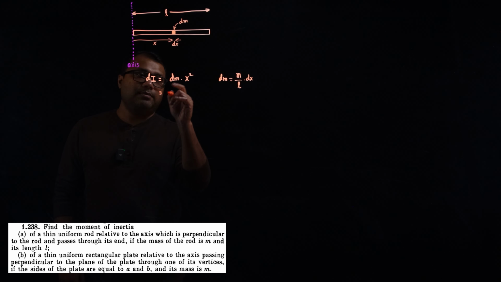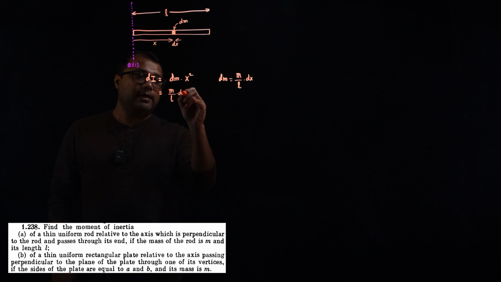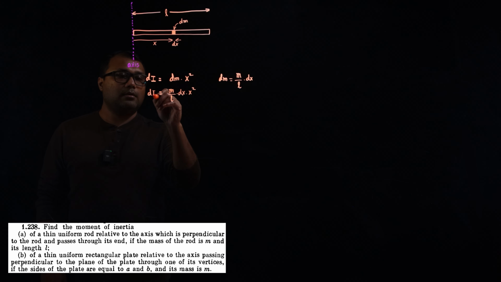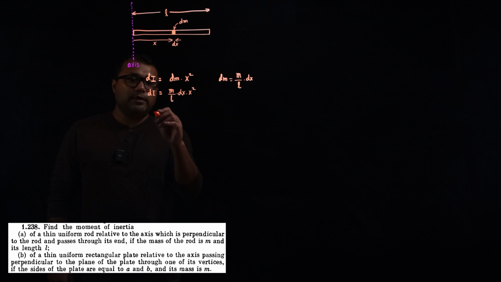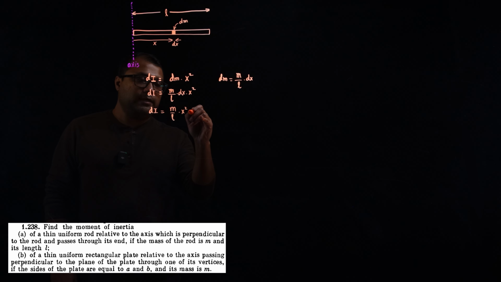So let's just replace the dm in terms of this. So that will be m by L times dx times x square. Or we can further simplify this or rearrange it and say m by L x square dx.